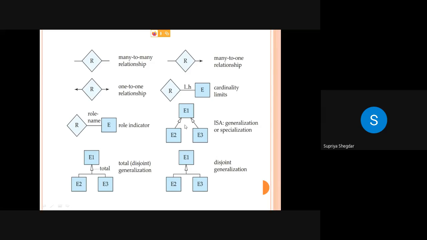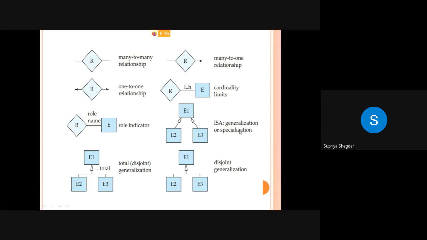But here the symbols are there. If the generalization or specialization concept is there, then we can represent it like this: E1, E2, E3 are the entity sets, and we can say E1 is the base class, the base entity set or the main entity set, and E2 and E3 are the sub entity sets.